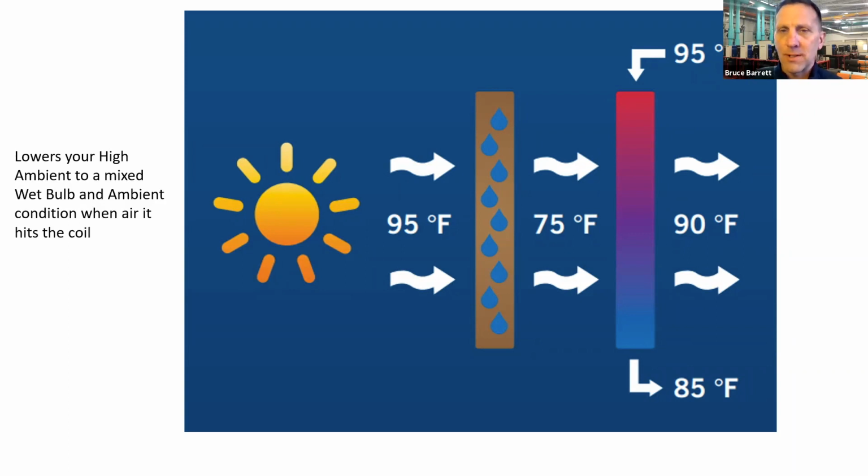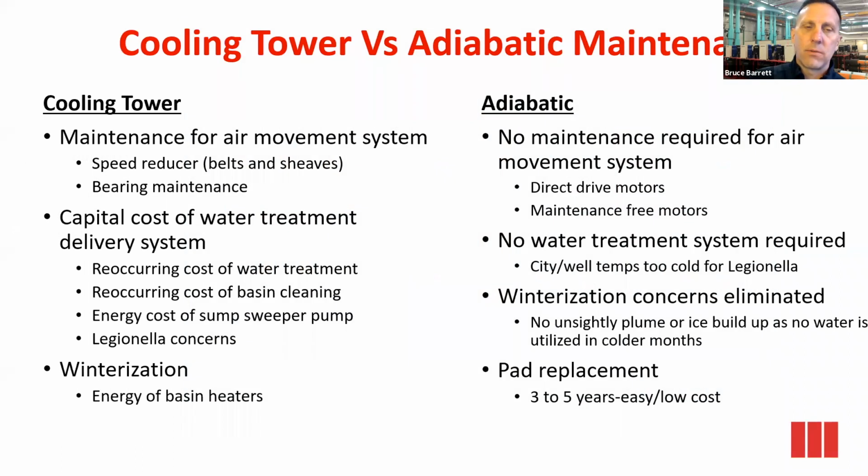That's why they use swamp coolers in Arizona. The air actually hitting the coil is, again, a mixed temperature, wet bulb to dry bulb. That lowers your condensing temperature dramatically. I'd rather have 75, 80, 85 degree air hitting my coil than 105 outside. Reduces the amount of lift or work those compressors have to use.